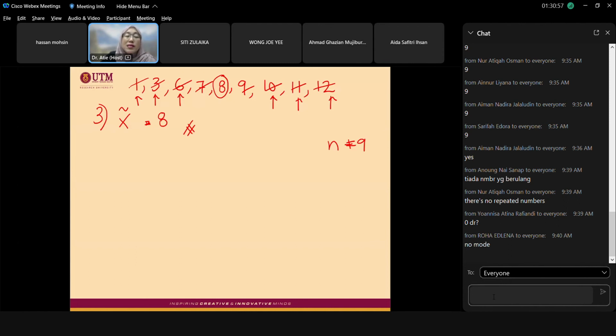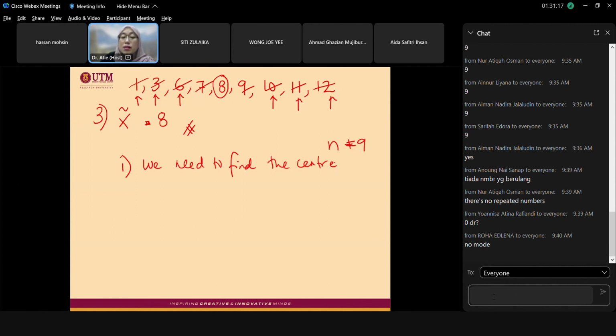All right. The other way of calculating the median: the first thing we need to find is the center.